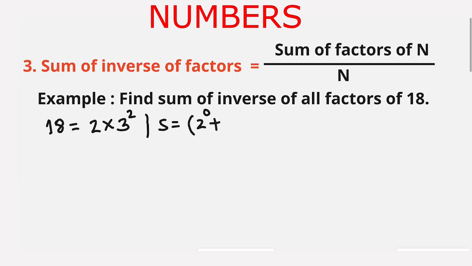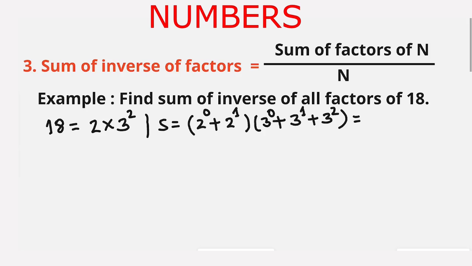Sum of factors we have to find. So s equals 2 to the power 0 plus 2 to the power 1, as in prime factors it is 2 to the power 1, multiplied by 3 to the power 0 plus 3 to the power 1 plus 3 to the power 2. This is equal to 2 to the power 0 is 1 plus 2 to the power 1 is 2.